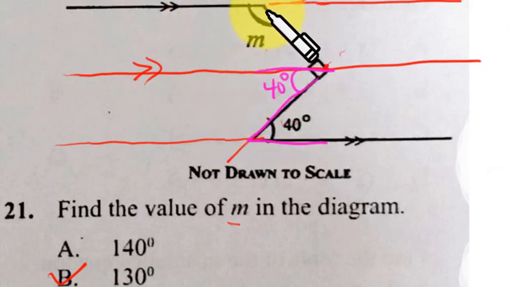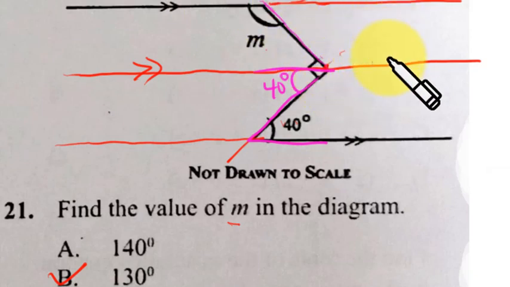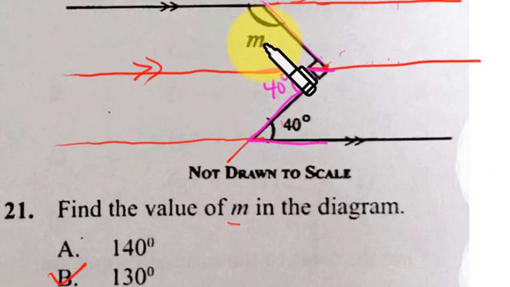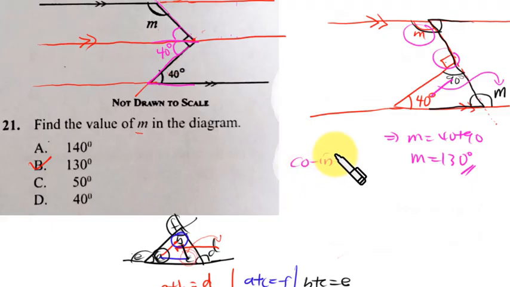Now what is also happening here is that this line here too is also a transverse line for these two parallel lines. Okay, and the angle here and the angle here are called co-interior angles. They are called co-interior angles, or you can also call them semi-interior angles.